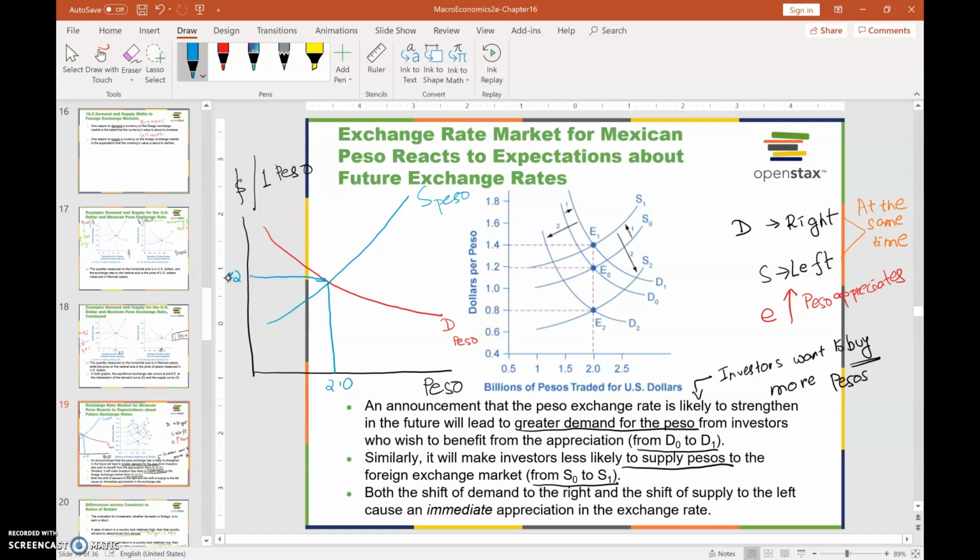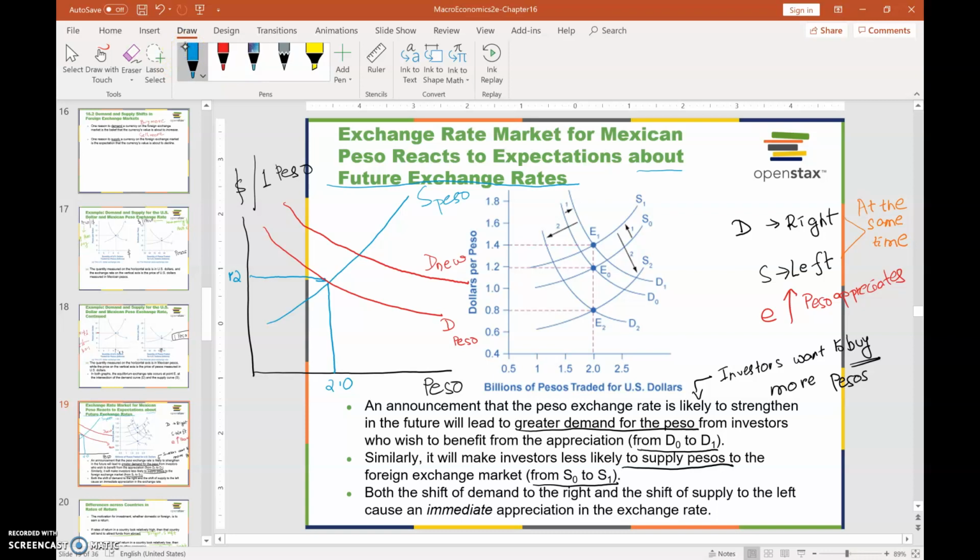Now let's say there is an expectation that the future exchange rate for pesos will go up. If this is the expectation, people are going to buy more pesos. So the demand curve for pesos is going to shift to the right.